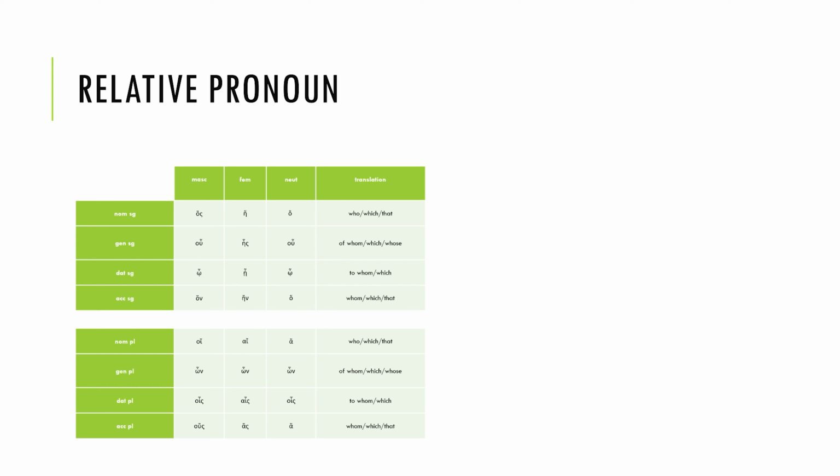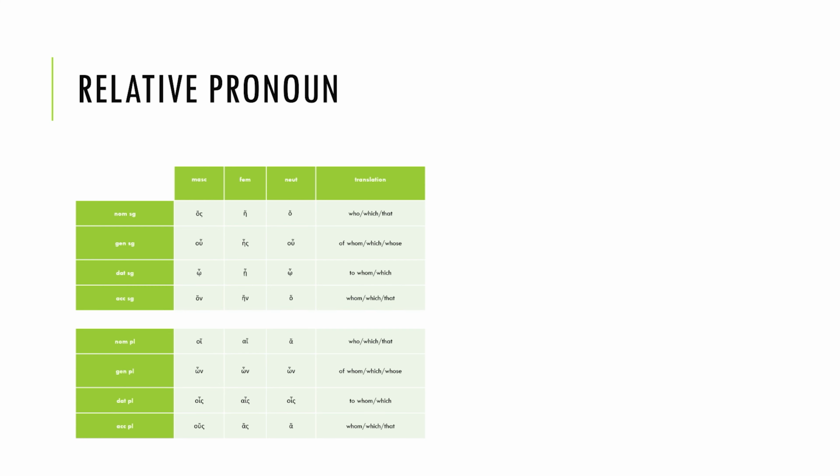It's funny because a lot of people don't know how to use who and whom in English. Whom is the accusative. It's the direct object of the sentence. Who is the subject. So you would say to whom. And you would say who to whom. Anyway, so those are relative pronouns.